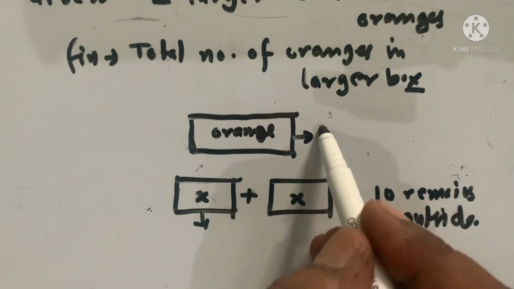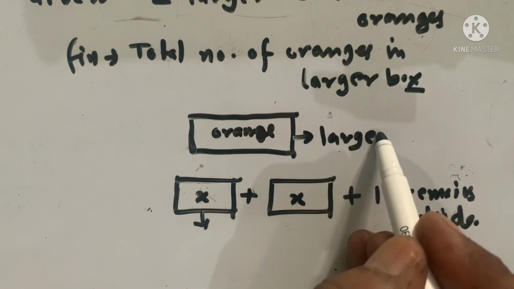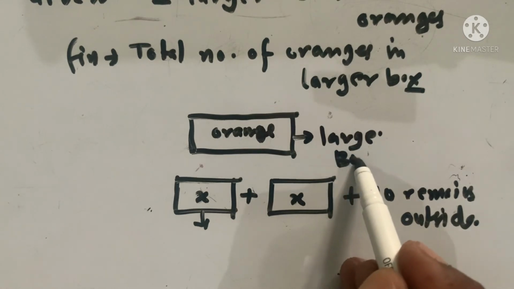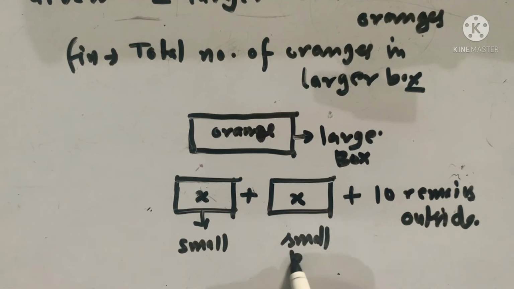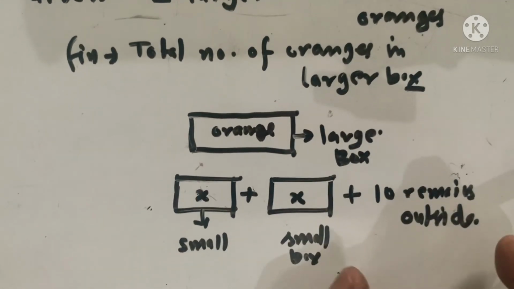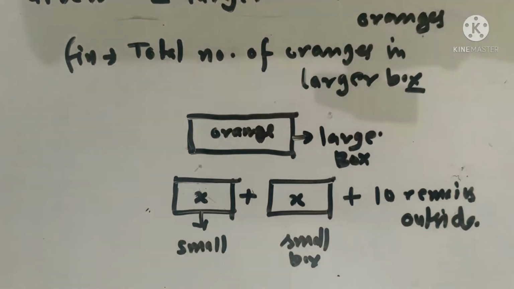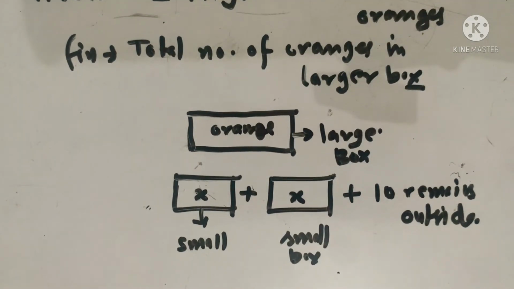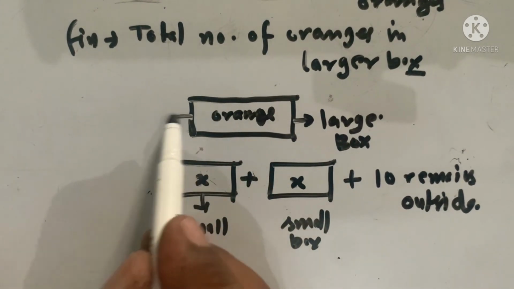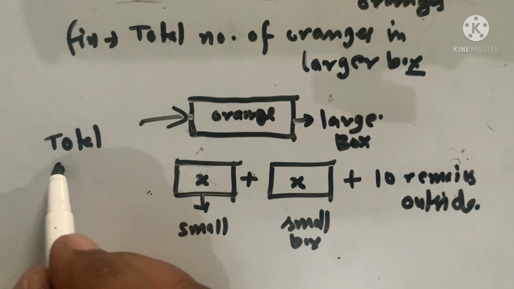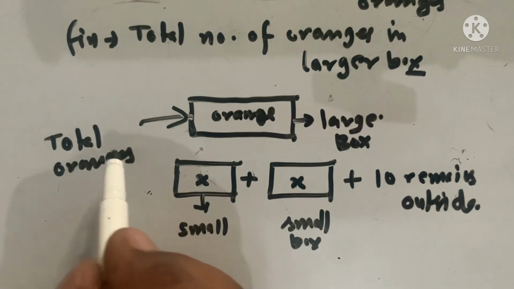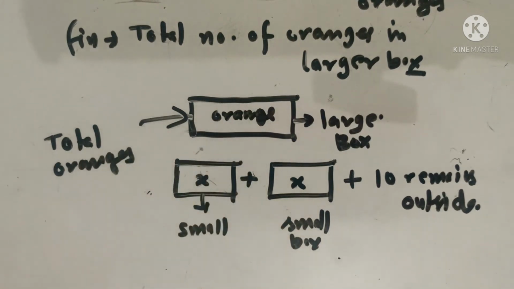This large box, small box, plus 10 remains outside. So we have to find the total number of oranges in the large box.